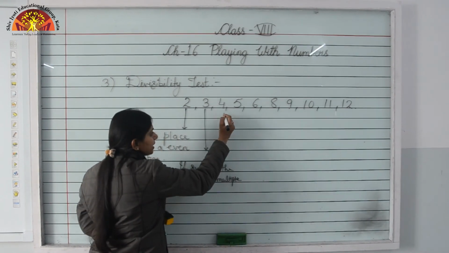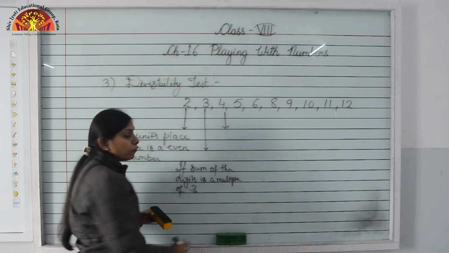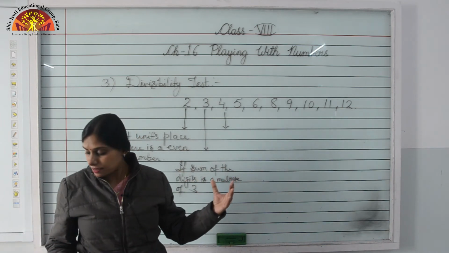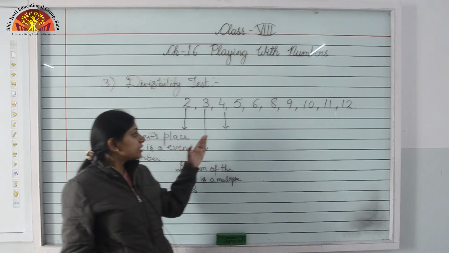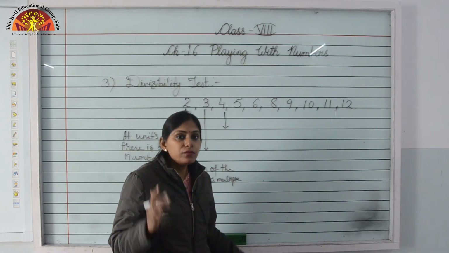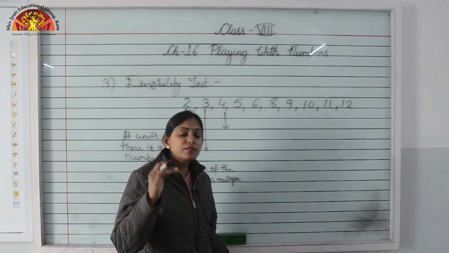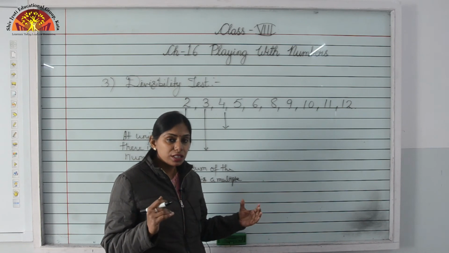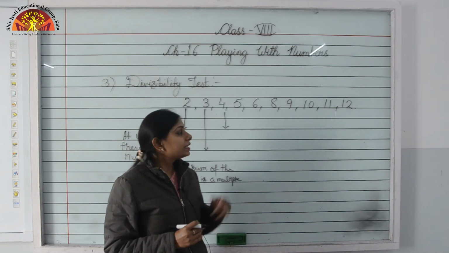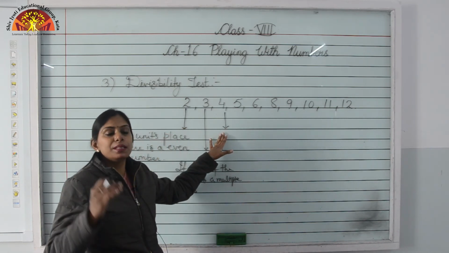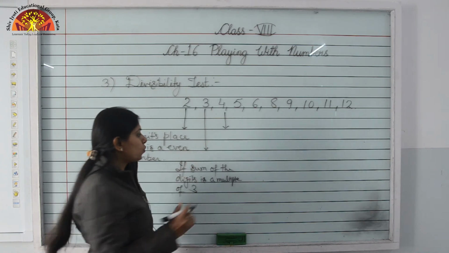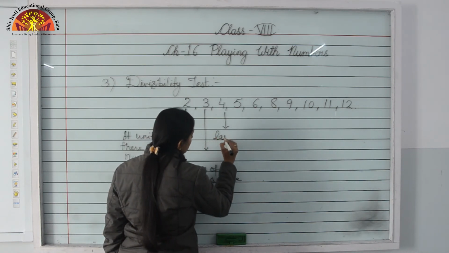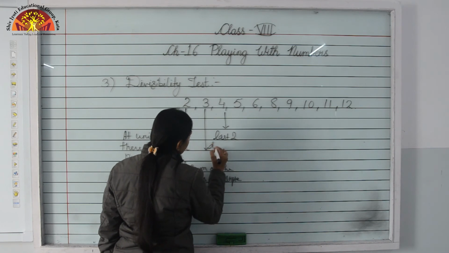Now we'll move to the next divisibility. How do we test the divisibility of 4? In the case of divisibility of 4, if the last 2 digits are a multiple of 4, then we can say that a particular number is divisible by 4.